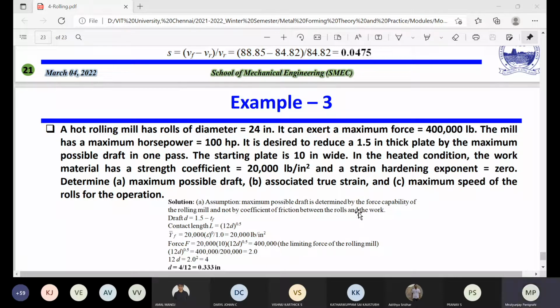The first part is clear? Yes, sir. Other student, Amal? Yes, sir. Vishnu? Yes, sir. Kiran? Yes, sir. Aditya? Yes, sir. Only 4-5 students. Others, what happened?